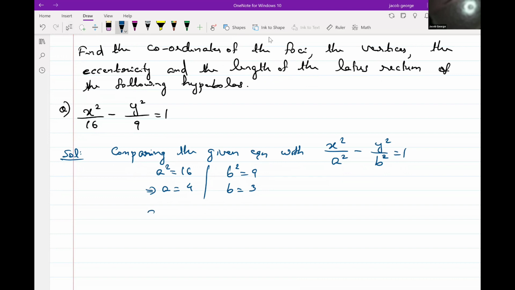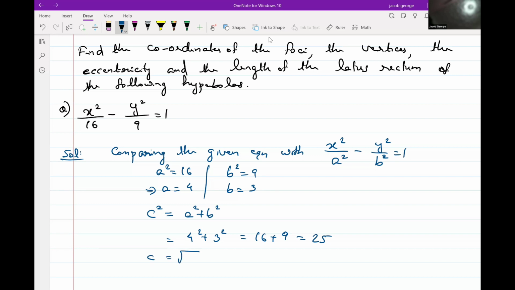What is the formula for finding c square? C square is equal to a square plus b square. Correct. Then substitute: 4 square plus 3 square is equal to 16 plus 9, that is 25. C square is 25.